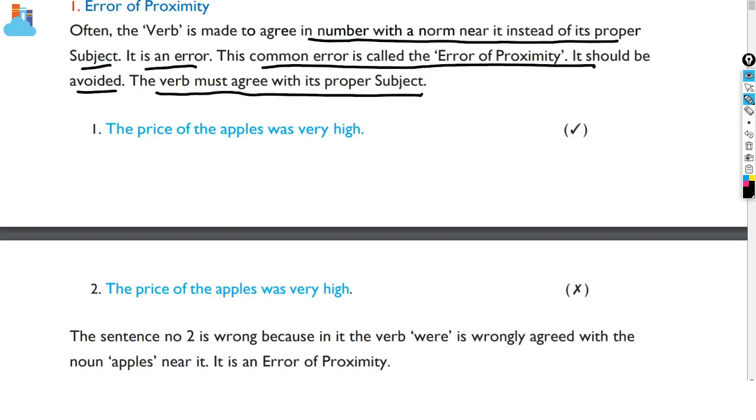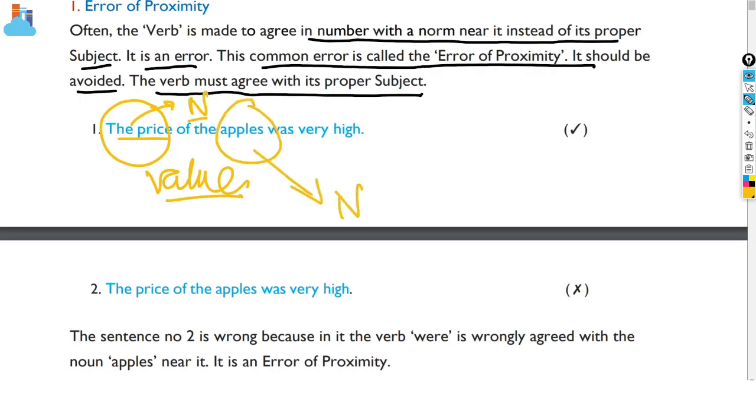So here we see now: the price of the apples was very high. In this sentence, let us see the price. Price means the value. So this is also a noun. Apples also is a noun. This is noun number 1, this is noun number 2. Now in this sentence, we'll have to notice which noun we are talking about.